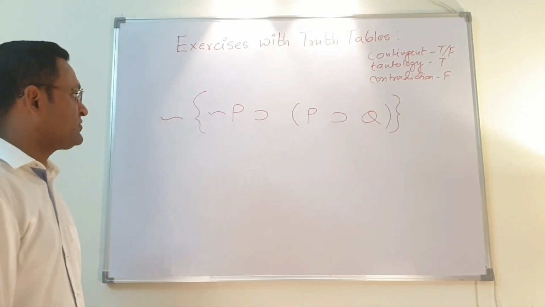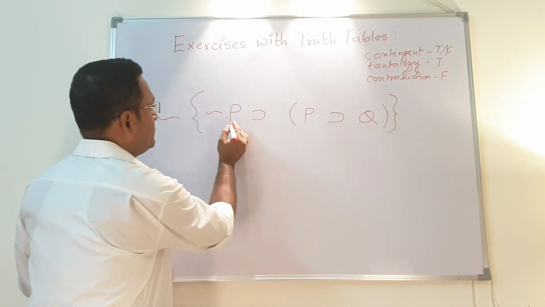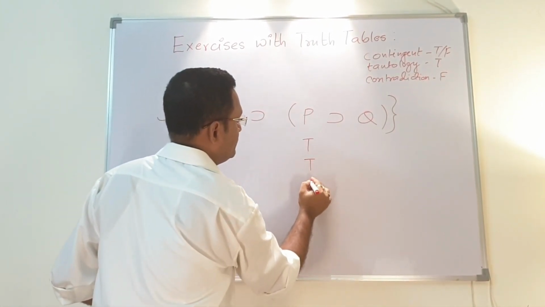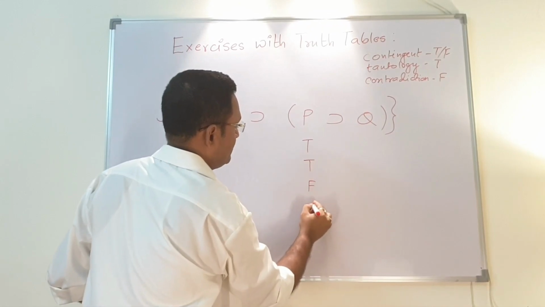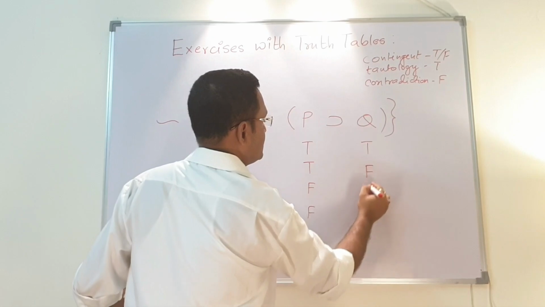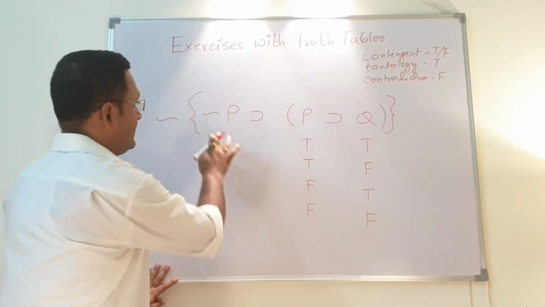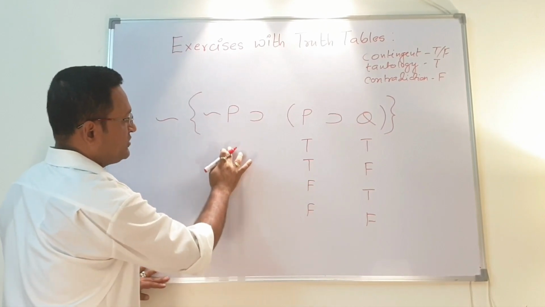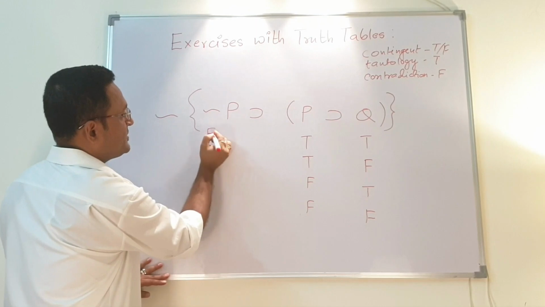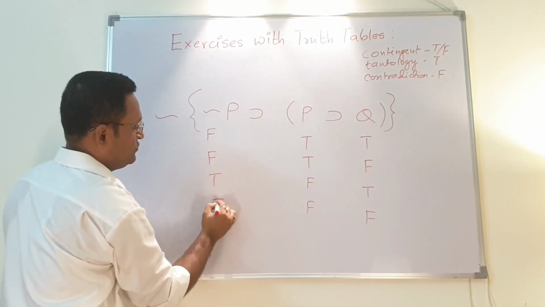This is the question. Okay, fine. First thing first, the values of P are true, true, false, false, and Q are true, false, true, false. Now negation of P, we know, is false, false, true, true.